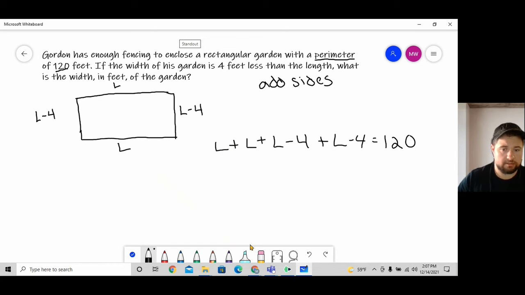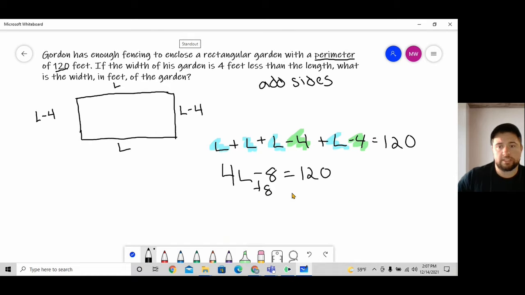Combine our like terms. So L, L, L, and L is 4L. Negative 4, negative 4, negative 8, equals 120.